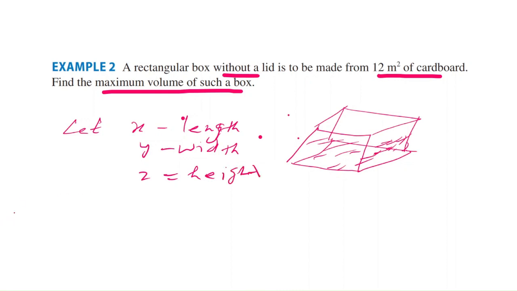So what is the volume of this box? We know volume is length into breadth into height, so this will be xyz. Actually, to apply Lagrange's multiplier method, we need two functions.